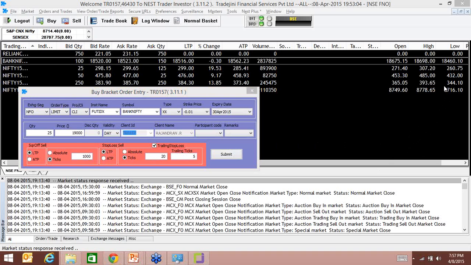You have to check with your broker. As of now, most brokers are not ready to give a dealer terminal, because as per exchange rules, the dealer terminal has to be placed inside the broker's house itself. It is not allowed to be placed outside the broker premises.